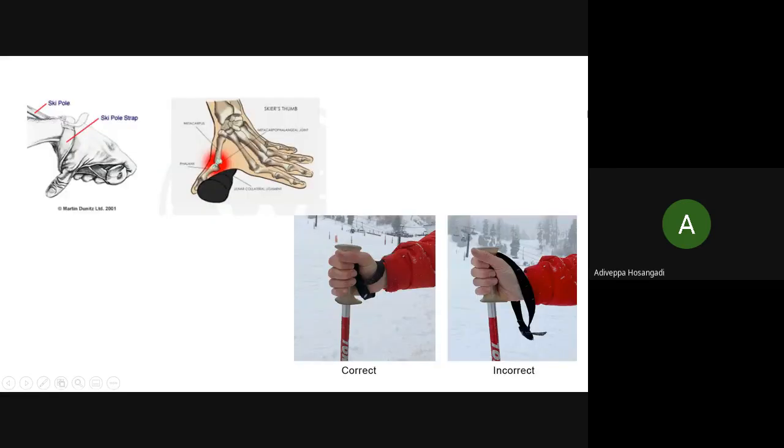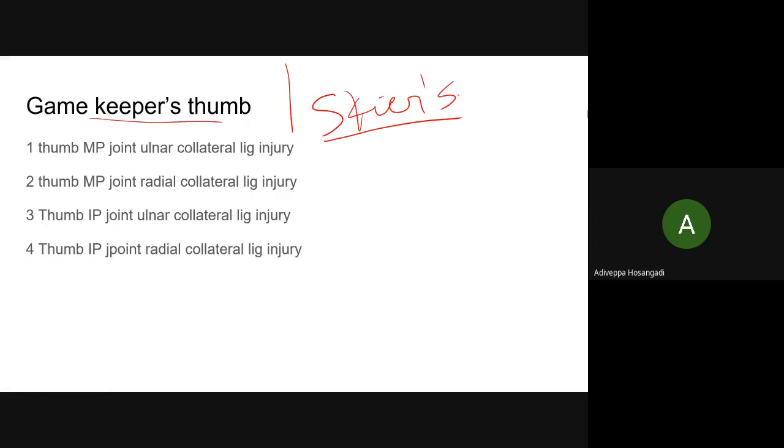Anyway, the answer is ulnar collateral ligament injury of the thumb MP joint, the first MP joint.